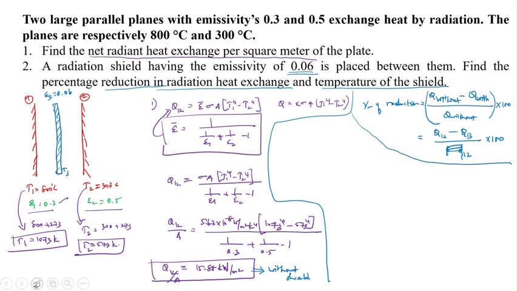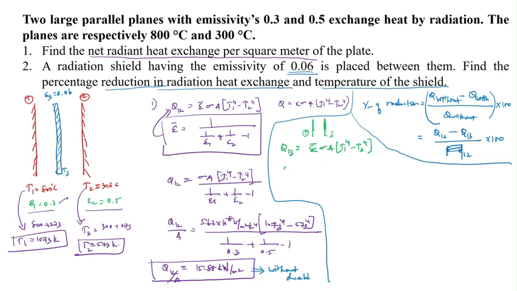How can we find Q123? For finding Q123 we have an equation, because the plate is 1 and the shield is 3. For 1 to 3, we can write epsilon bar sigma A into T1 to the power of 4 minus T3 to the power of 4.